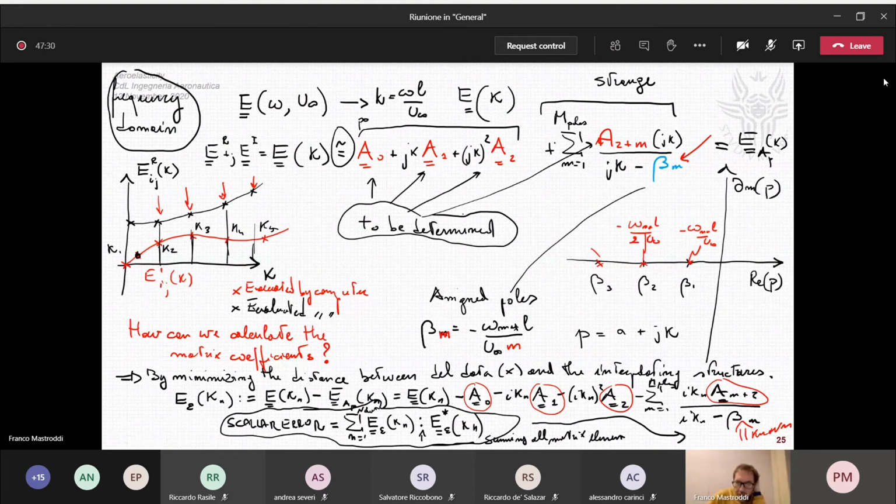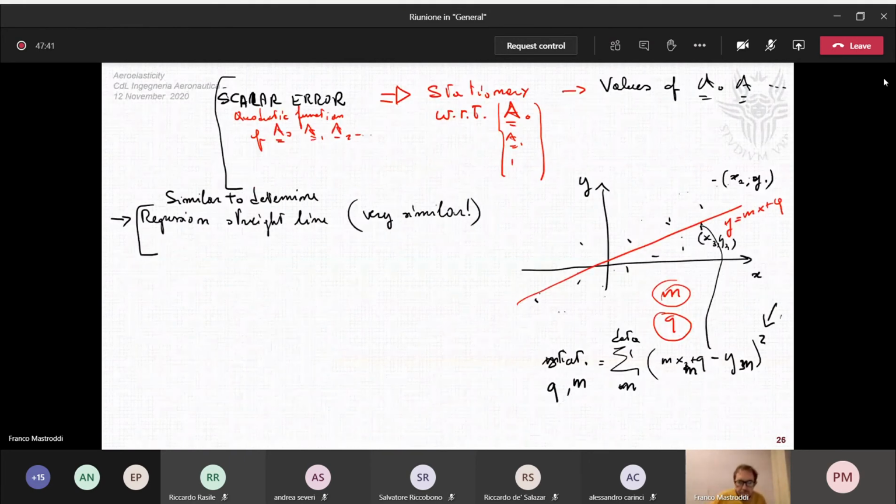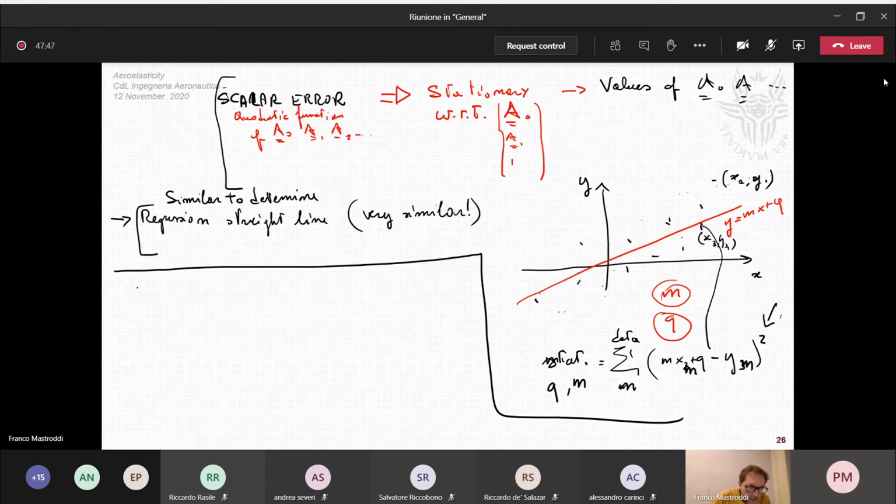But a critical point of this kind of description is that the poles are assigned and not part of the process.